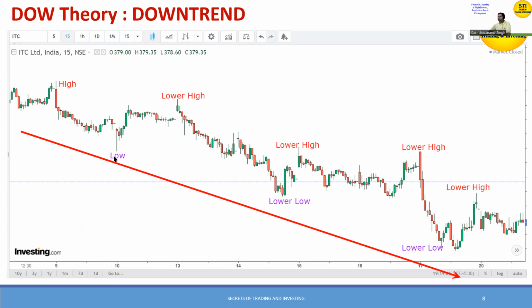And condition two is the current low is lower than the previous low, and again the next low is lower than the previous low, and so on and so forth. If these two conditions are satisfied, this will be treated as a downtrend. And again, to repeat, time frame doesn't matter. The same concept will be applicable in any time frame depending on your trading style or investing style.